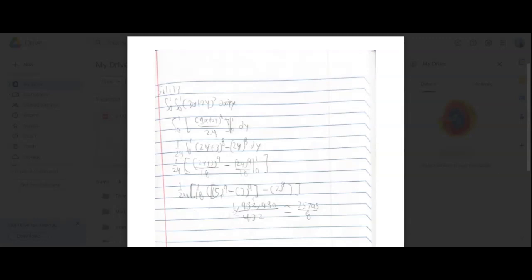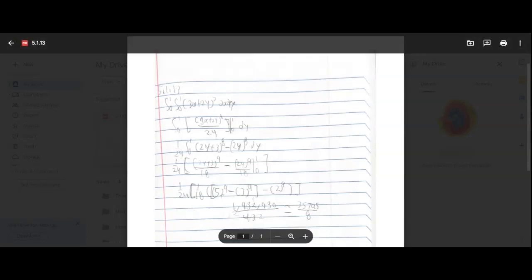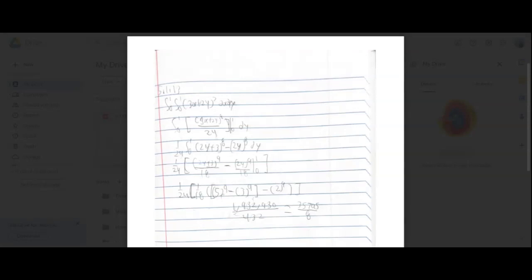I just start off with evaluating the inner integral for dx, giving me 3x plus 2y to the 8th power over 24, and I just take out 1/24 to make my life easier while evaluating it.